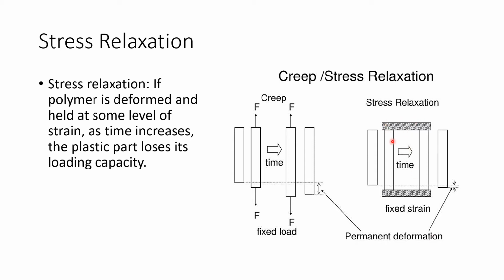This is your load, and your plastic is right here. It's just telling you some sort of force, a fixed load, and we gain permanent deformation because of that stress. We call that creep, and we call this relaxation. What's the difference? For stress relaxation, the deformation happened and then was held at some level of strain.